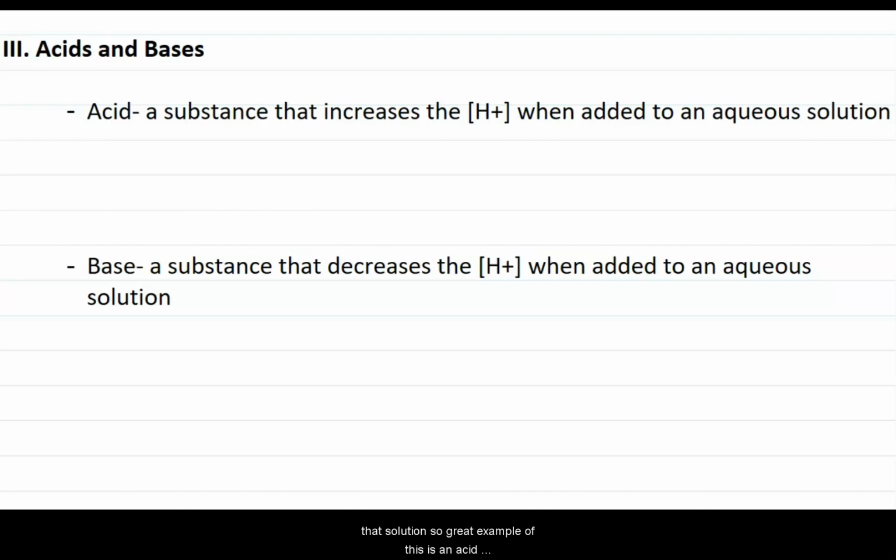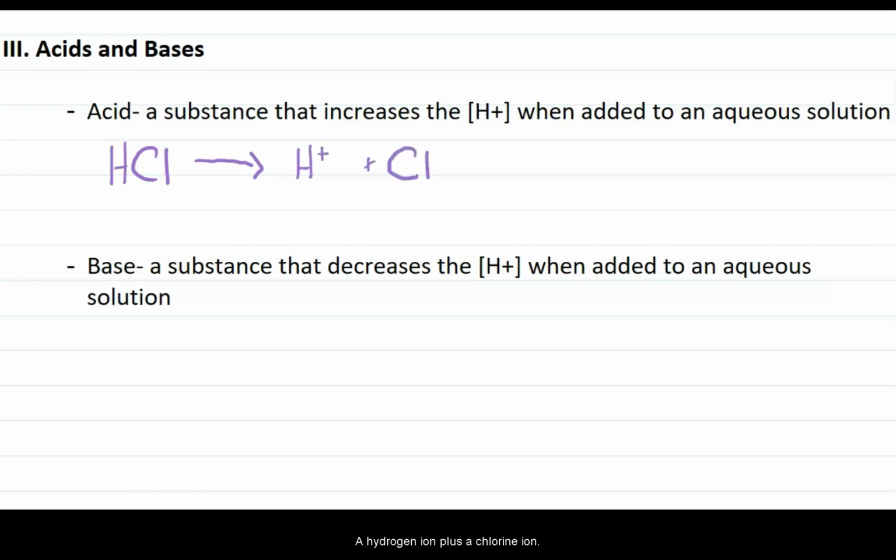So a great example of this is an acid called hydrochloric acid, which is just HCl, that when you put it in water, the hydrogen and the chlorine separate and you get a hydrogen ion plus a chlorine ion. That's going to increase the total number of hydrogen ions in my aqueous solution.